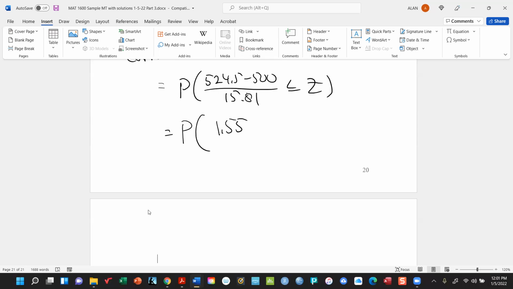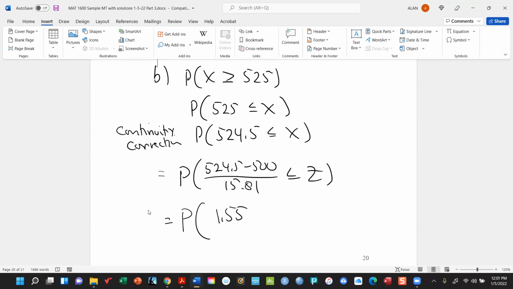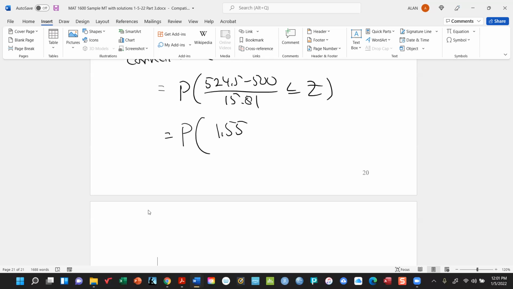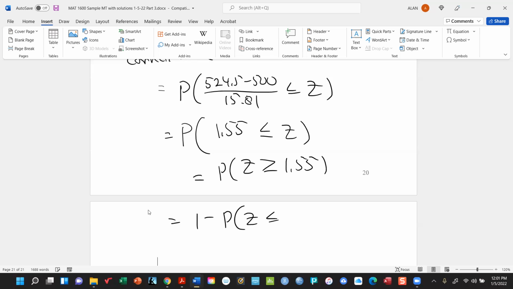Actually, now that I look at it, I probably shouldn't have rewritten it like this because, I mean, I wanted us to see that that's the lower limit, but I think it would be easier. Let's do this. Because then it's clear that we have to subtract this from 1. In other words, z is greater than or equal to 1.55.